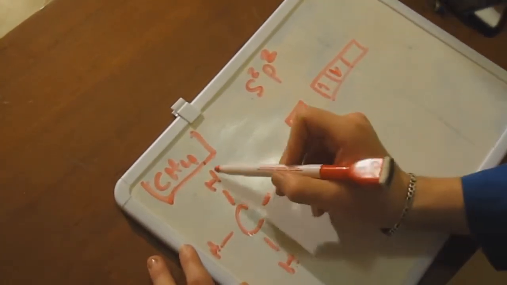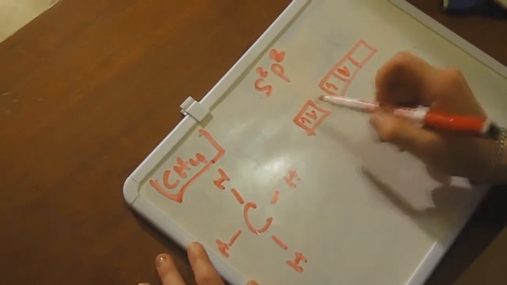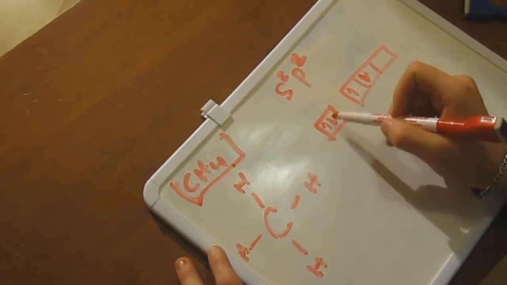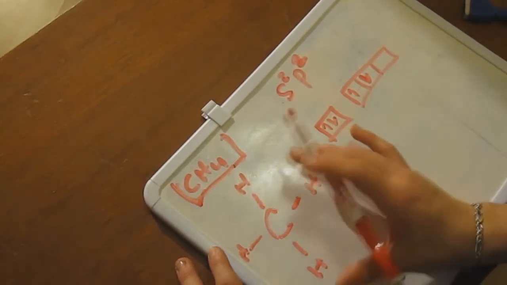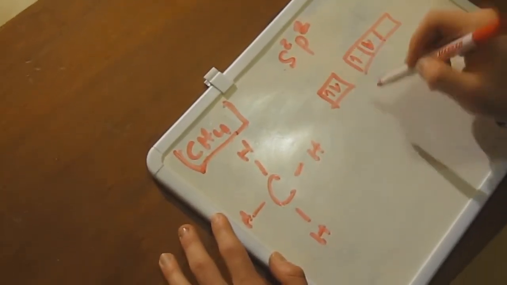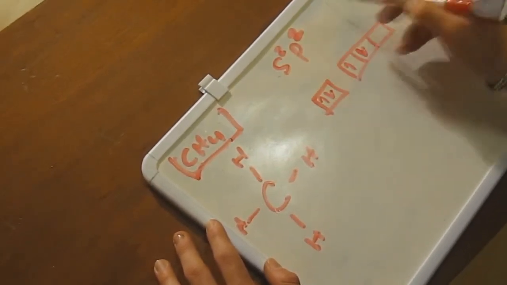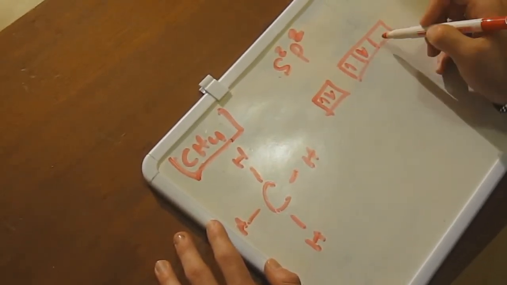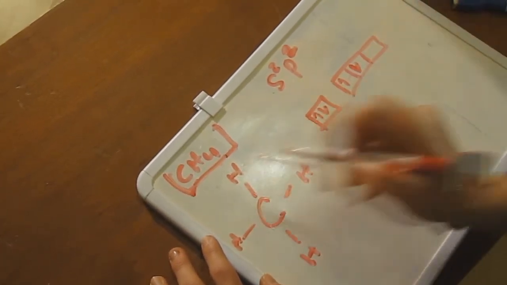Here you can see that there are 4 bonds on the carbon by looking at the Lewis diagram. But here we have 1 bond, which symbolizes that there's a lone pair. However, this is not the case, as we can see through the Lewis diagram. So in order to make 4 bonds, we're going to have to promote an electron into the p orbital, so we have another electron in here which is able to make a bond with another hydrogen.